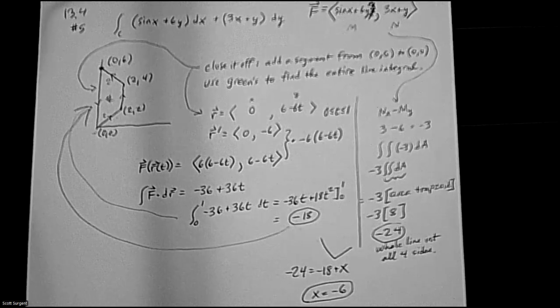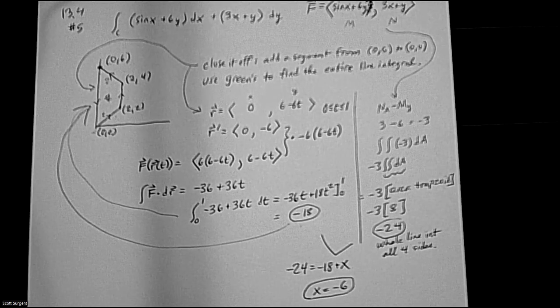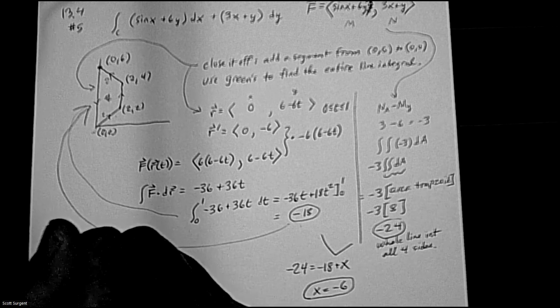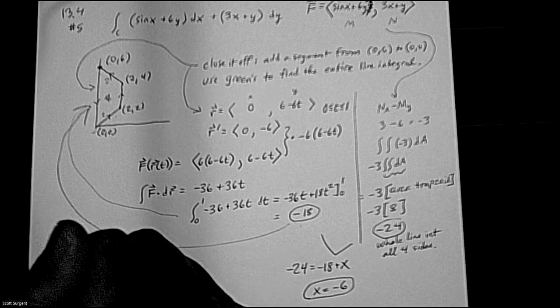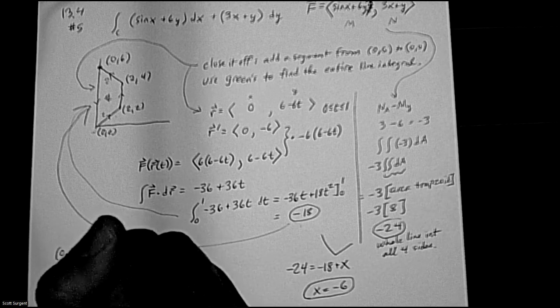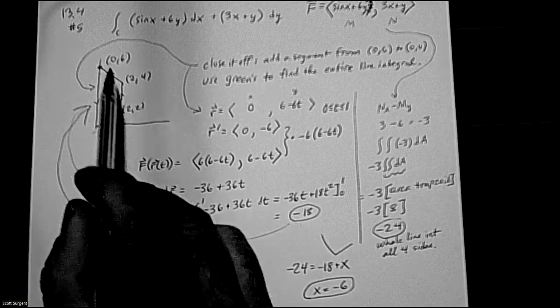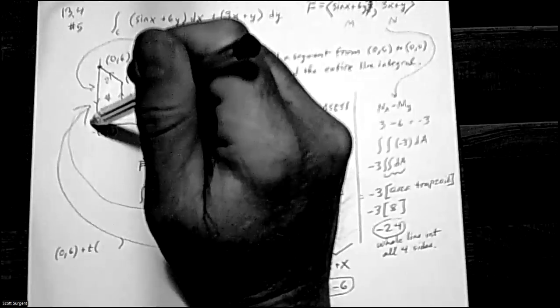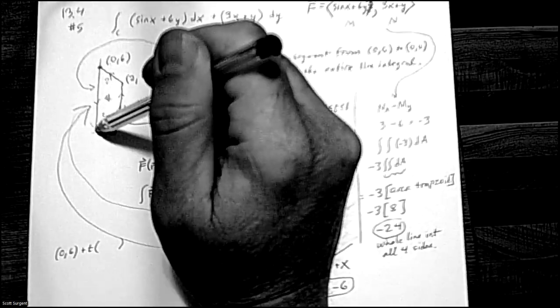Can you show how you parameterize on the first one? Yeah, this is just a line segment. So if I go back to way back in module 10, you start with your initial point 0, 6. I'll do it off to the side. This is 0, 6. That's your initial point plus t. And then your direction vector, you need the vector that goes from 0, 6 to 0, 0.